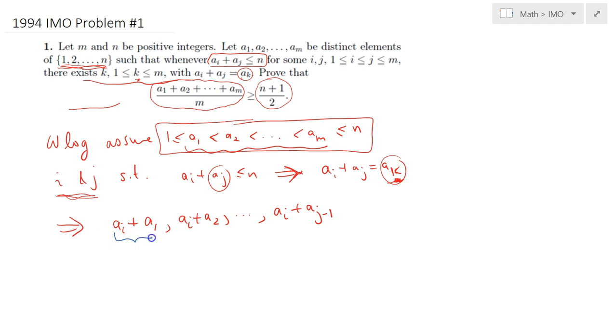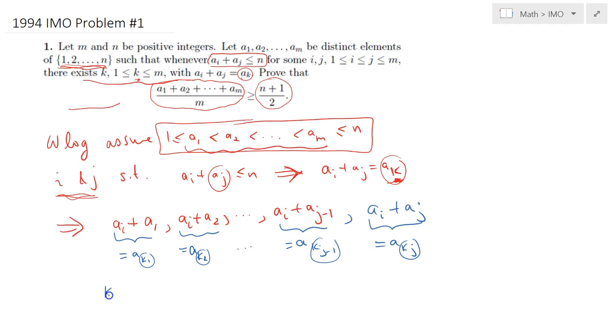Let's make this equal to a sub k_1. Let's call this a sub k_2, and so on. And let's call this one a sub k_{j-1}. And for the original one, a_i plus a_j, let's call this a sub k_j. So we have, if you will, this set of indices.